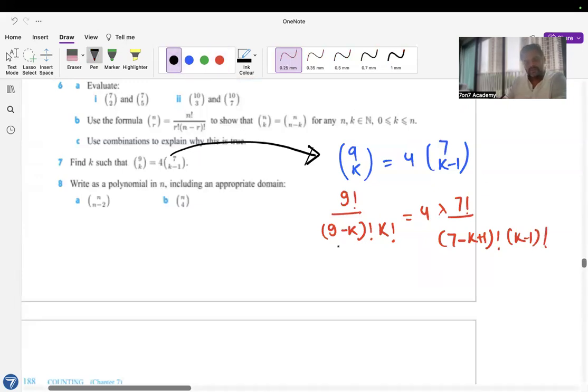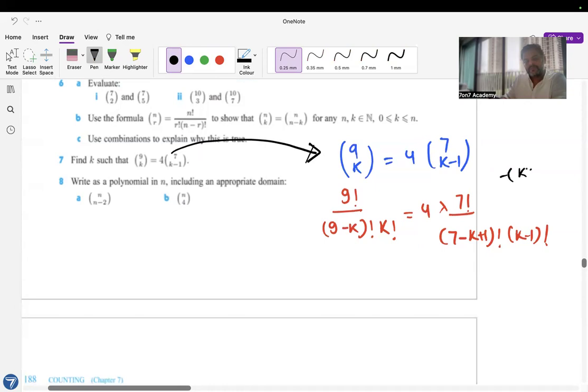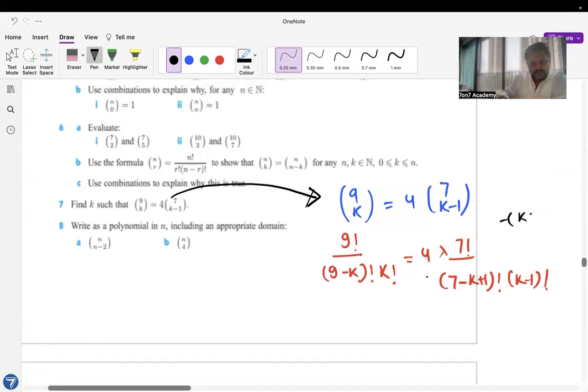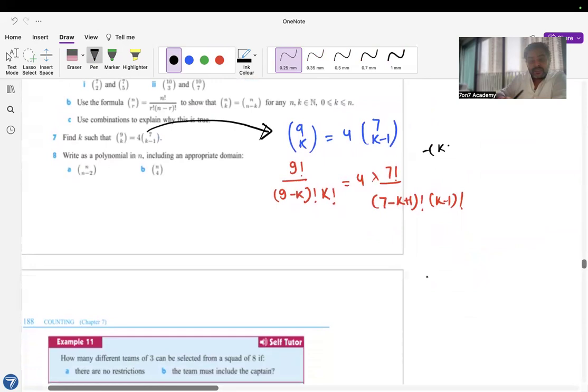So why K plus 1? Because you subtracted and then you put minus K minus 1, then that would become plus. Agree?